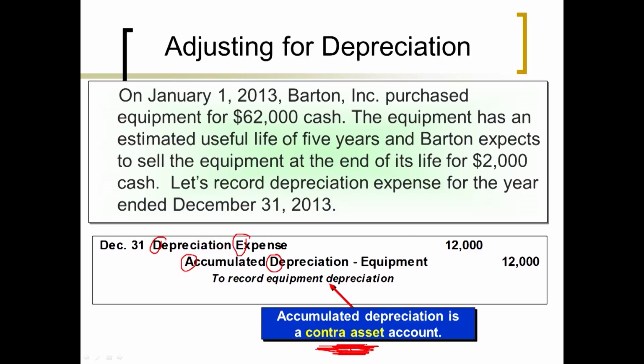We've never talked about anything that was a contra asset before, but accumulated depreciation is a contra asset. Okay, back to me. Have you ever heard the word contra before? Yes, like where? I want to say macro. Maybe in economics. Contra, it is a root word that, what does the contra mean?